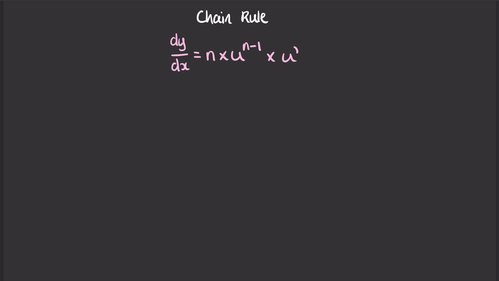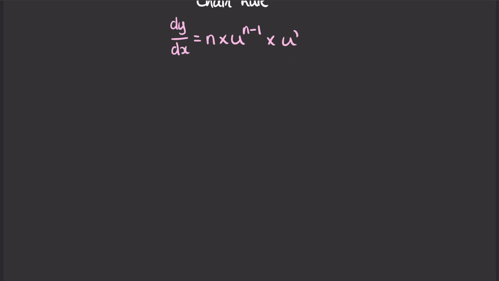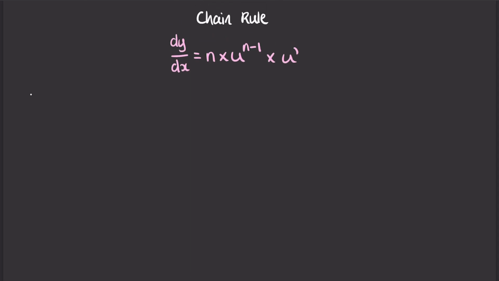So today's example will be y equals 2x plus 1 in brackets all to the power of 4. Now we can see that there's a function, the function being y, with inputs of x. So I've identified this part to be u, and the 4 to be n.